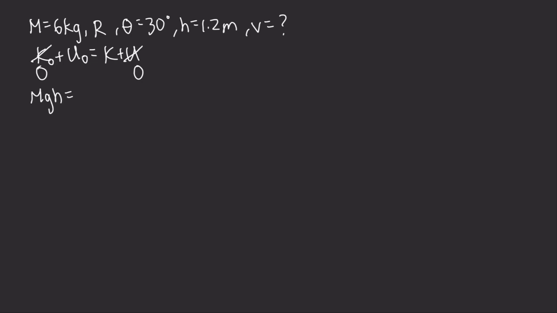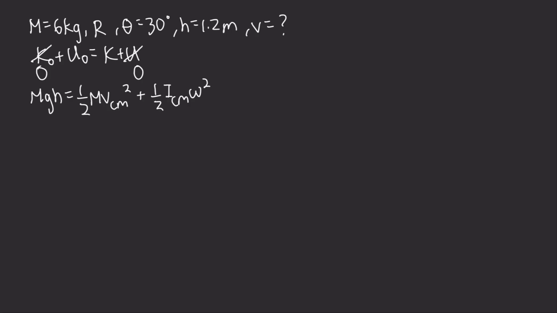And we know that K final has both translational and rotational parts. So we're going to decompose the kinetic energy into those two components: the translational part, which is 1/2 m v_cm squared, and the rotational part, which is 1/2 I_cm times the angular speed squared.